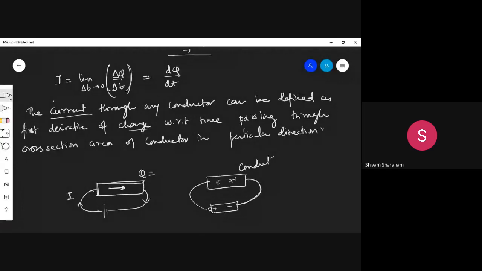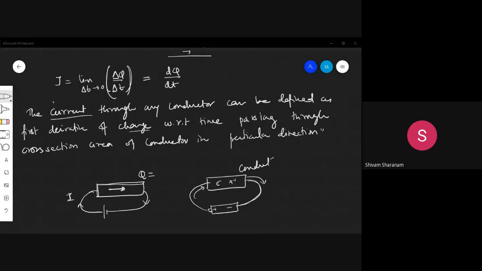Think about it. Can it have any extra electrons in the flow? Because whatever amount of electrons leave the conductor, the same amount of electrons will enter here, then only the current can flow. So how much will the net electric charge on the conductor be? Neutral, zero. It will always be zero, no? It will not have any charge.